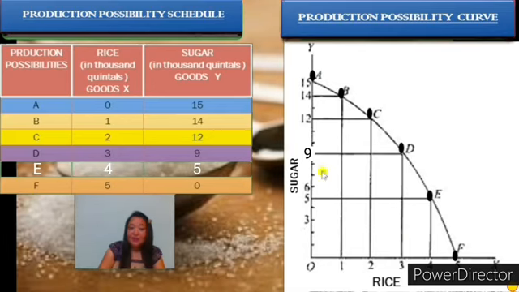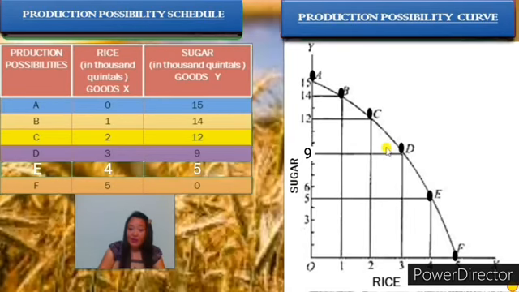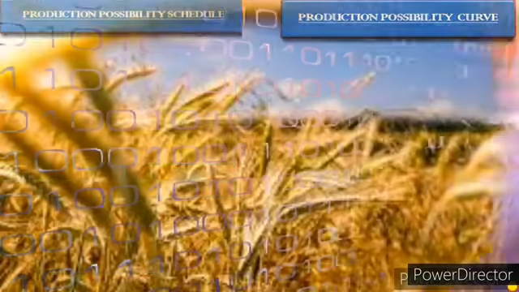With the help of this schedule and graph, we saw that the continuous sacrifice in the production of one commodity leads to the increase in production of another commodity. And this concept, the PPC, the production possibility curve, is also known as production possibility frontier.